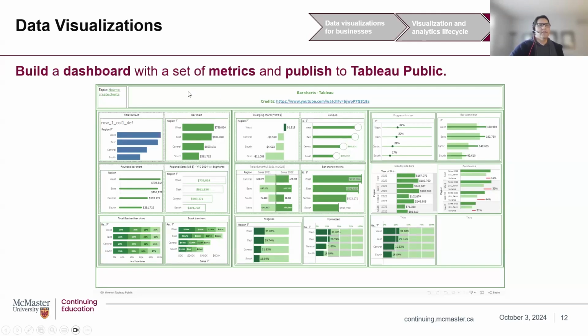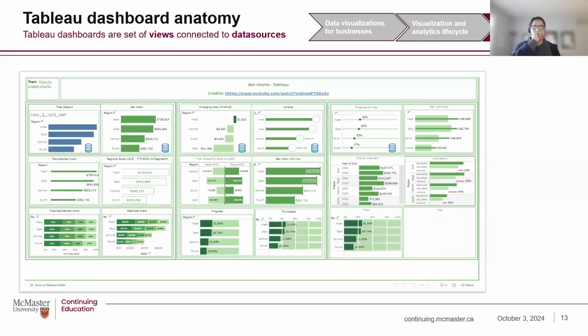As you can see here, a dashboard in Tableau really is something like this. If we were to break this dashboard into the components that make it up, you would say that one, there's a layout. The layout means how the sheets are displayed here.